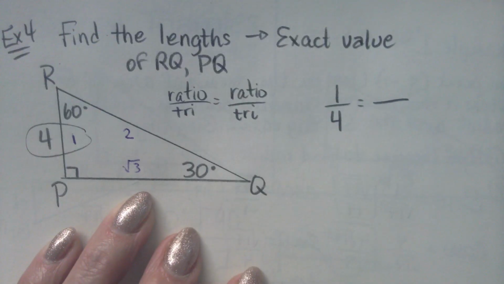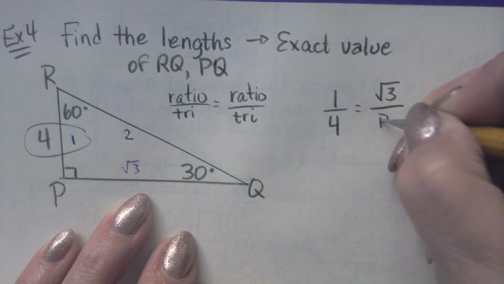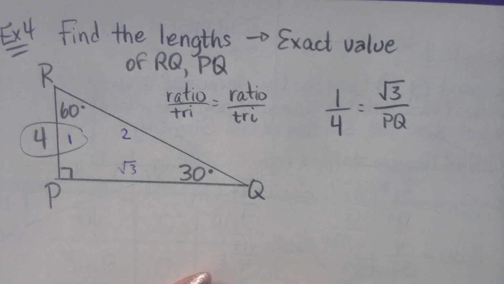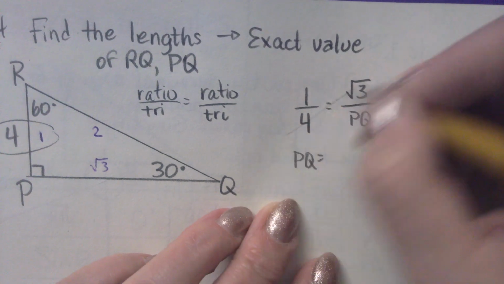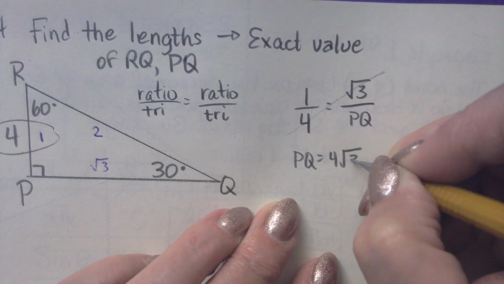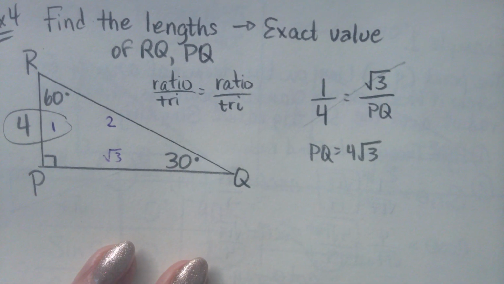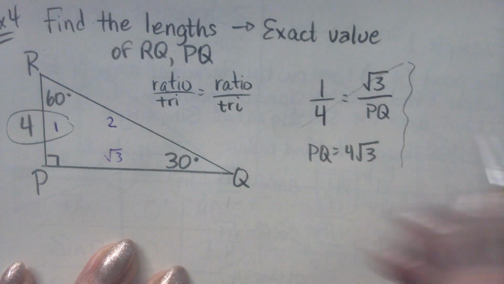So if I want PQ, his ratio is root 3, and if I cross multiply, PQ is 4 root 3. Make sense?